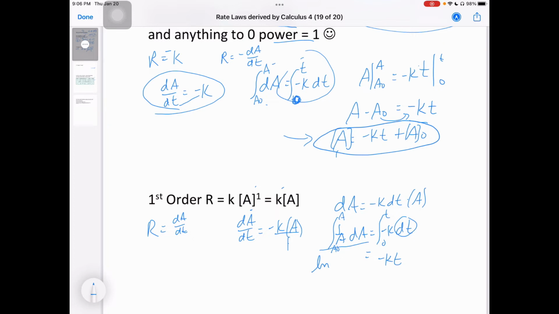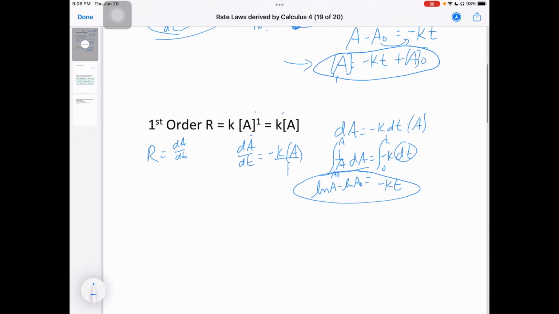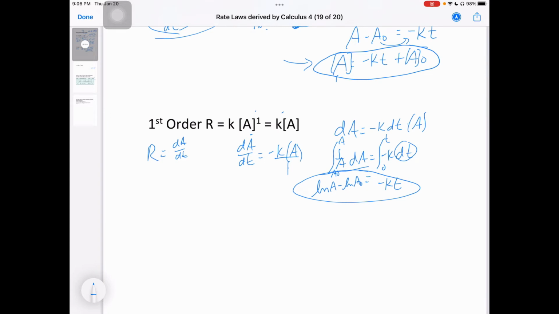So let me put ln of a minus ln of a0 equals negative kt. And that, my friends, using calculus is why a first order, which had a 1 over here, when you move it to the other side, becomes a 1 over a dA. And when you integrate the x to the negative 1, you get natural log of x. Or if you integrate 1 over a, you get ln of a minus ln of a0 from subtracting a to a0.